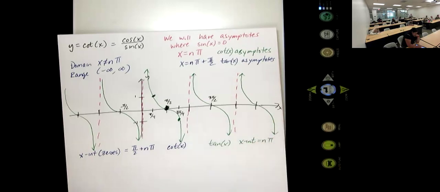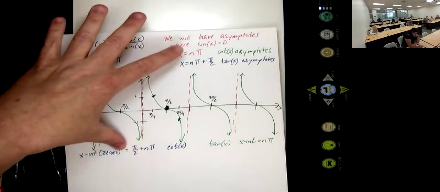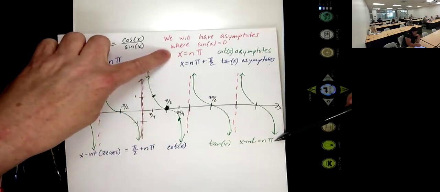So you'll notice that the asymptotes and the zeros just swap values between the two. Like tangent's asymptotes are cotangent zeros, and cotangent's asymptotes are tangent zeros.